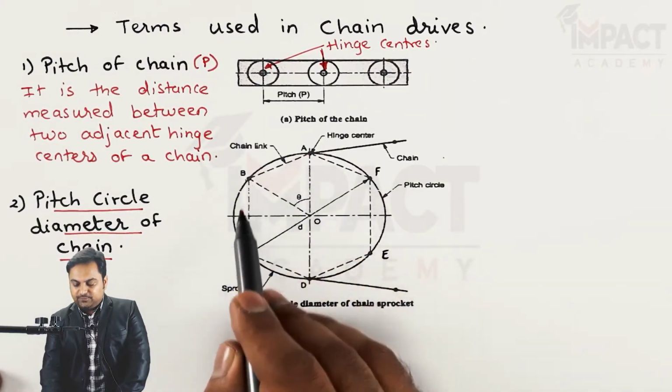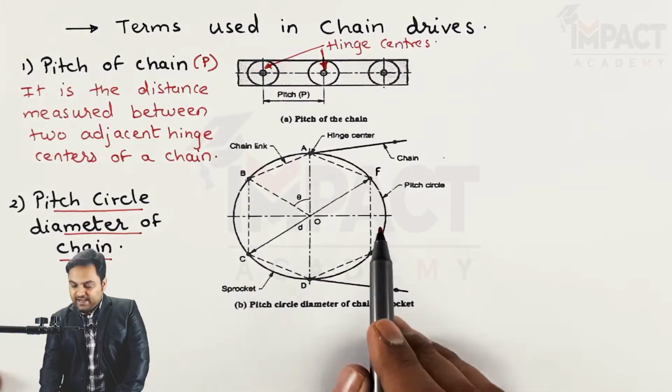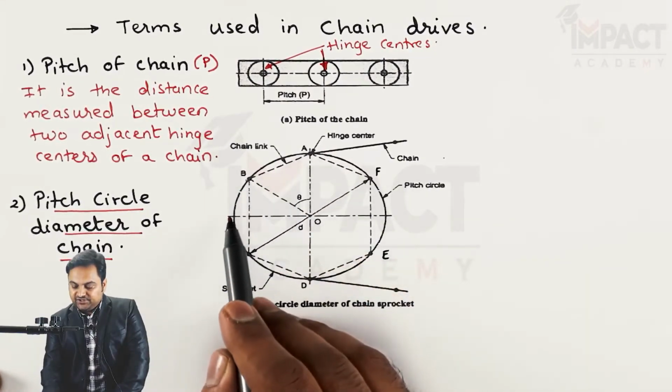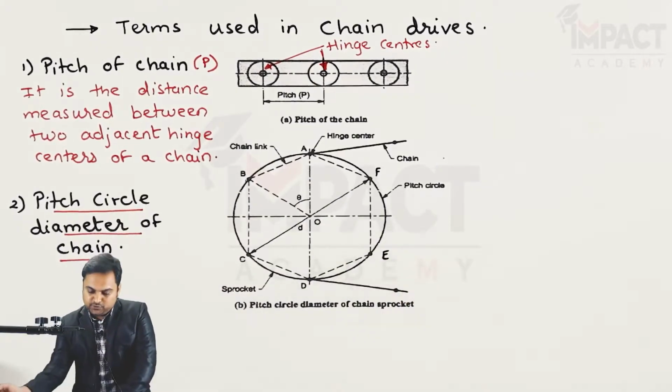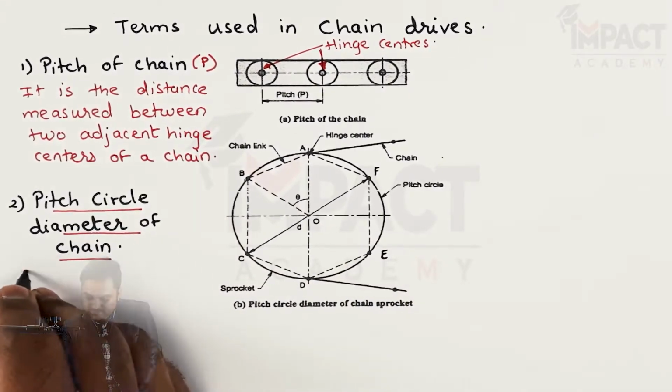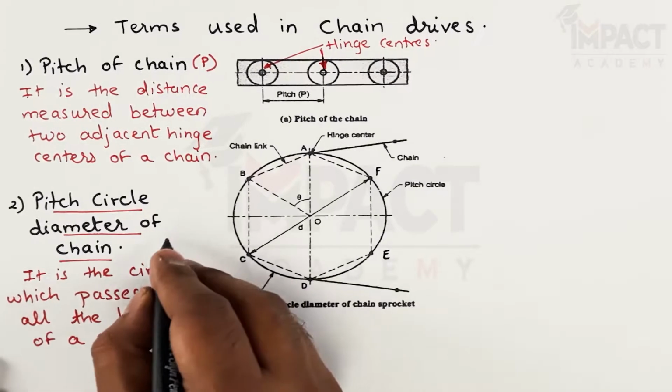That is, these are the points on the sprocket over which the chain is mounted, and the circle which is generated through all these hinge centers is called as the pitch circle.